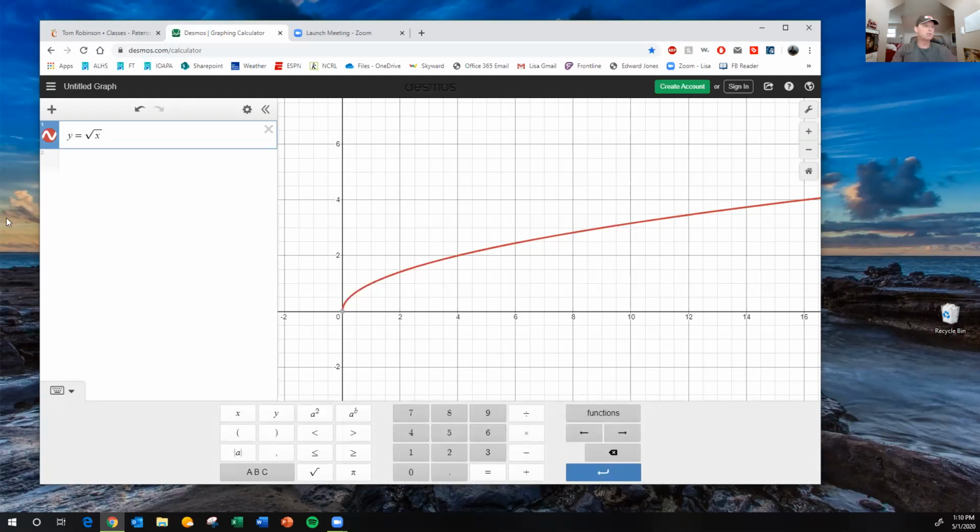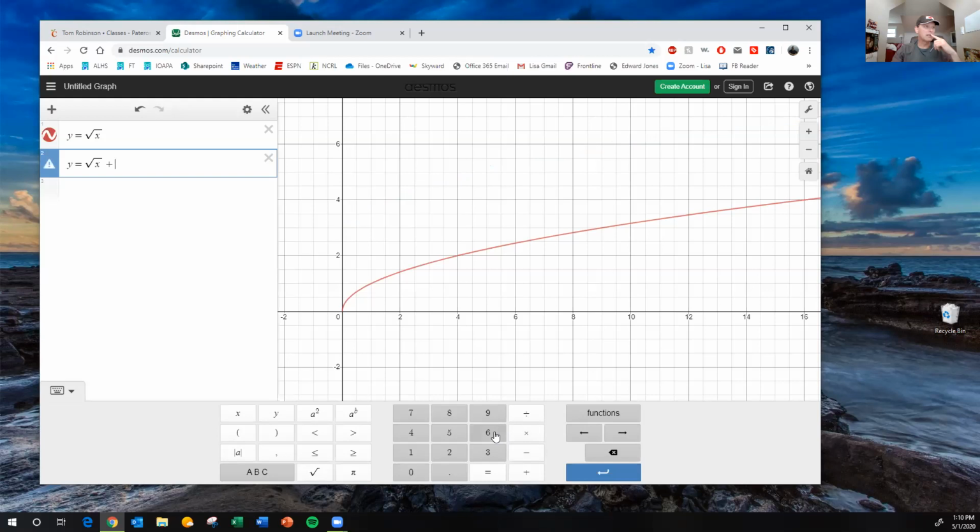In fact, I think what I'm going to do is I'll go y equals square root x, and I'll go out here and go plus 3. See what happened? I put a plus 3 outside of the radical, and that graph moved up 3 units.